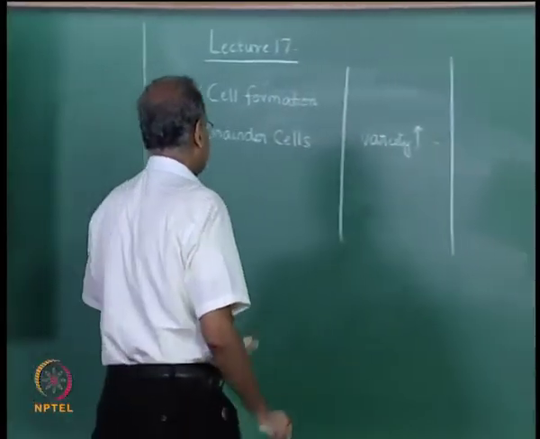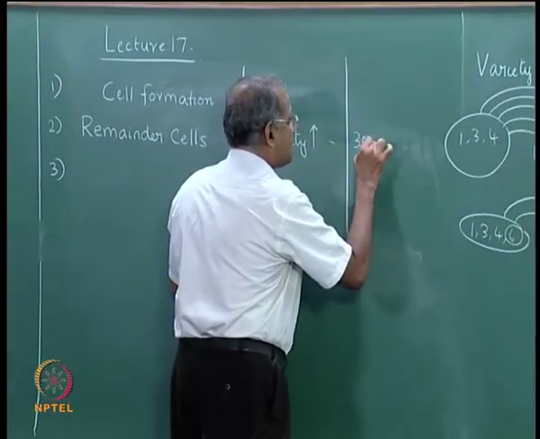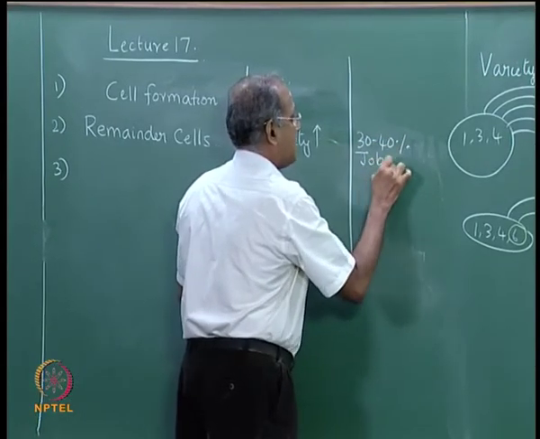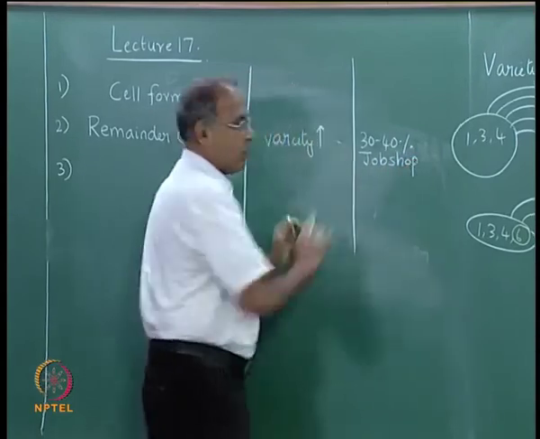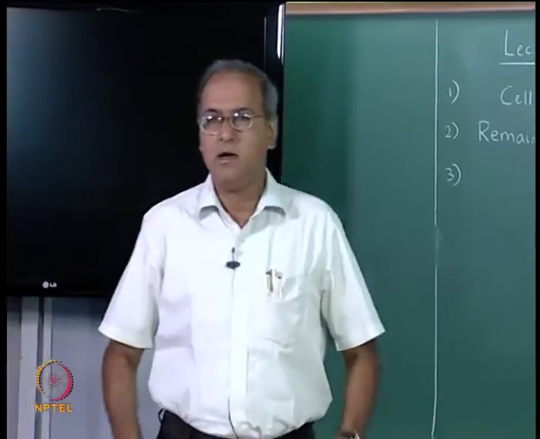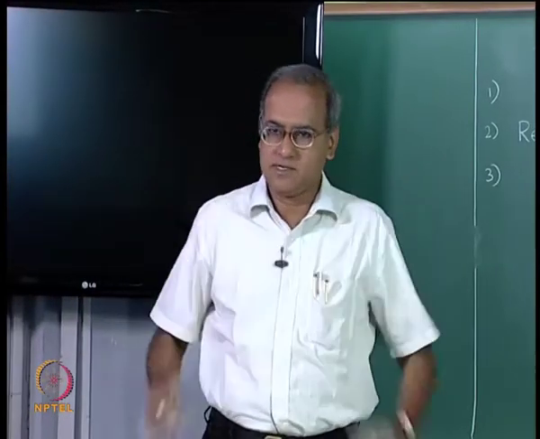So this is something like saying 30 to 40% of the machines will act as a job shop, while the rest of the machines will be grouped into cells.